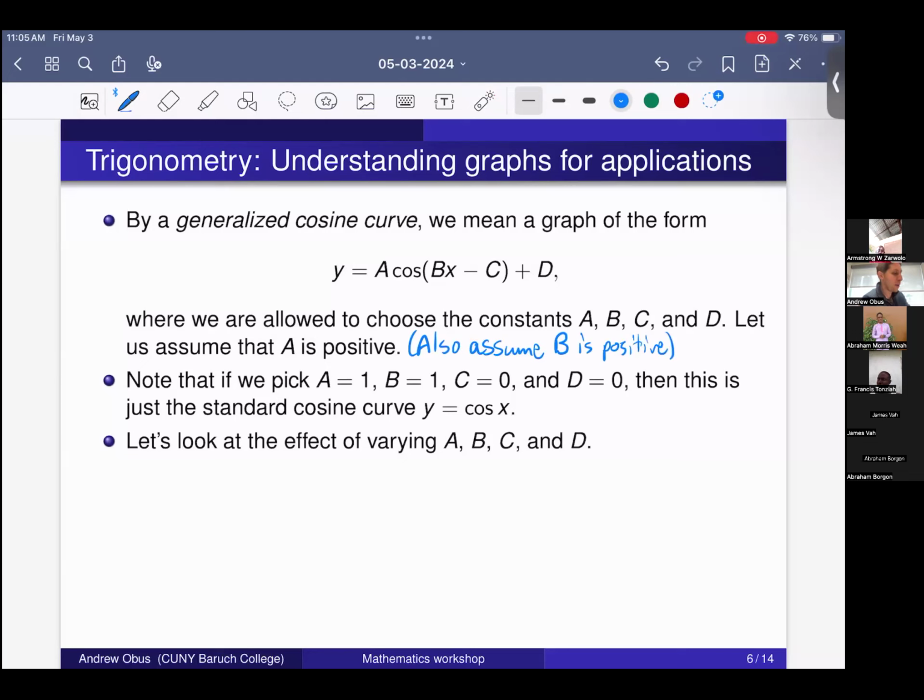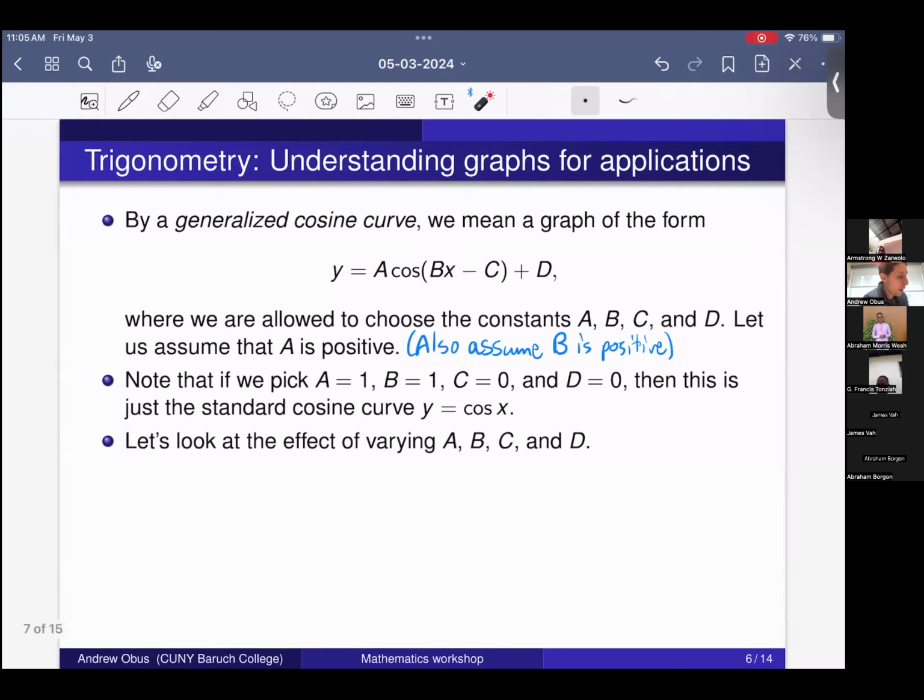It doesn't really matter, because cosine is an even function, so if b is positive or negative, it makes no difference. But just for simplicity, let's assume b is positive. Note that if our choices are a is 1, b is 1, c is 0, and d is 0, then this is just the standard cosine curve.